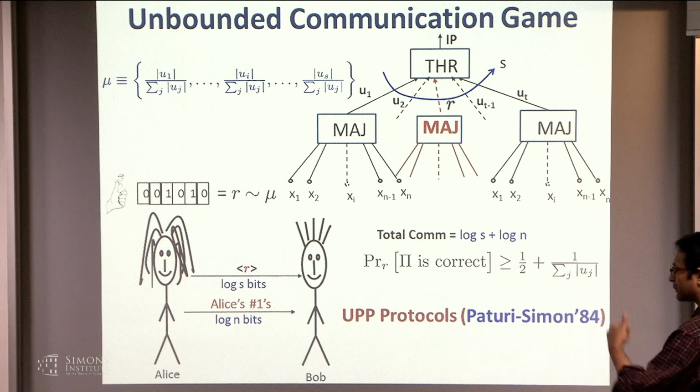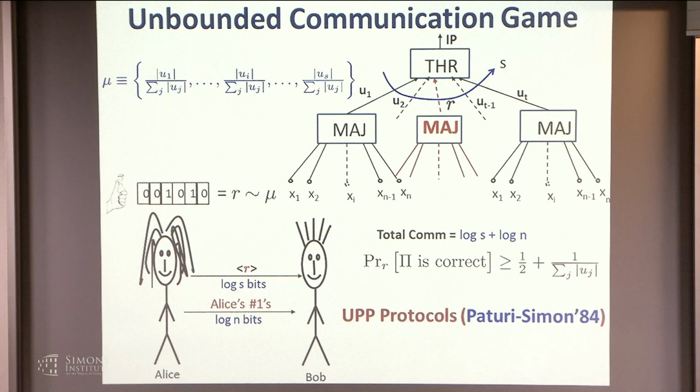They are the analog of the PP class in Turing machine complexity, and this was introduced by Paturi and Simon back in '84. What this implies is that if a function has small sized threshold of majority gates, then at least this class of protocols can compute such functions efficiently.